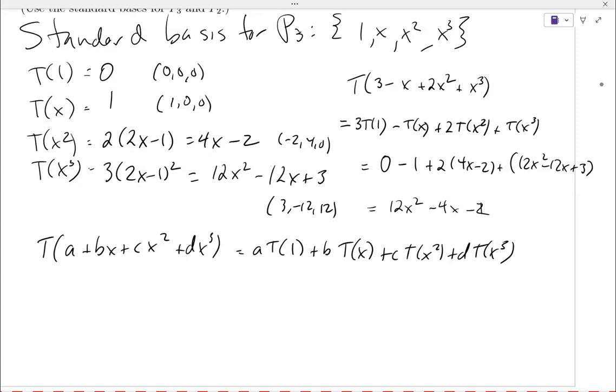Notice when you add those, you would add your components. You would have A times 0 plus B times 1 plus C times -2 plus D times the 3 in the first component. You would have A times 0, B times 0, C times 4, D times -12 in the second component. And now it starts looking like the format of those transformations that we just did.